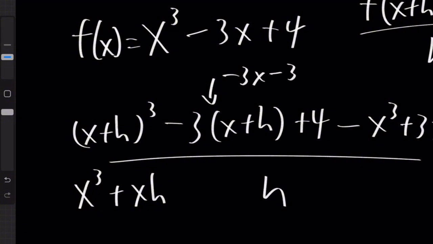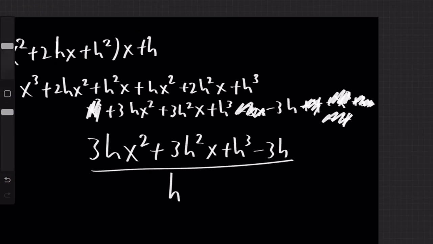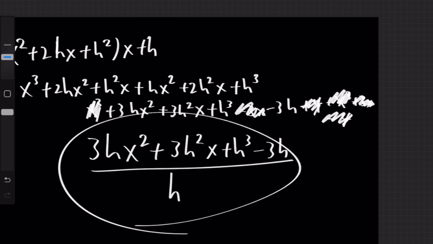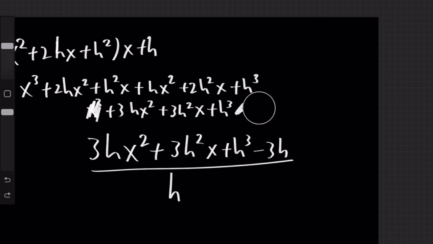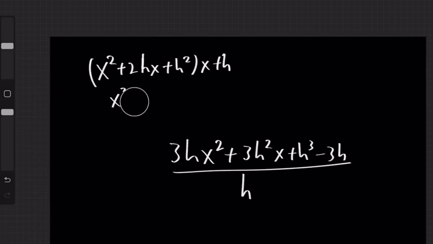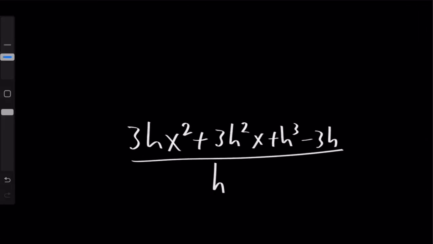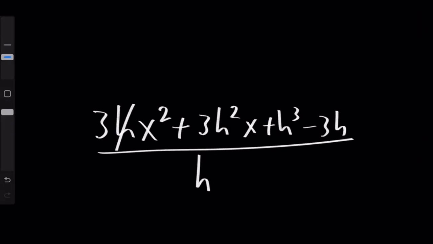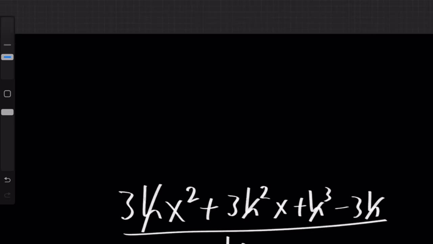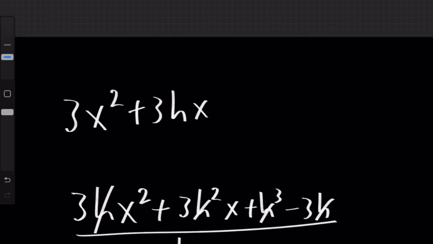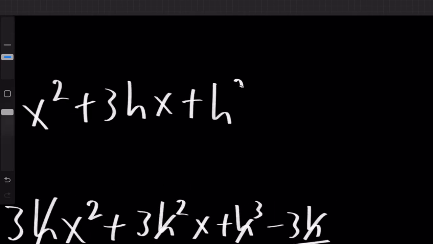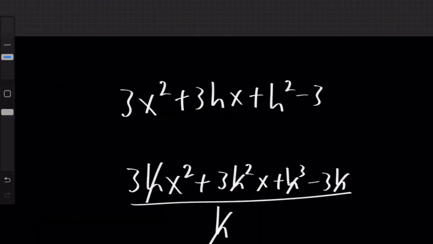I'll come back once I've expanded this whole thing, and eventually we'll arrive at something like this. The next step is obviously to just cancel the h. This h, boom, gone. So what we get is 3x squared plus hx plus h squared minus 3.